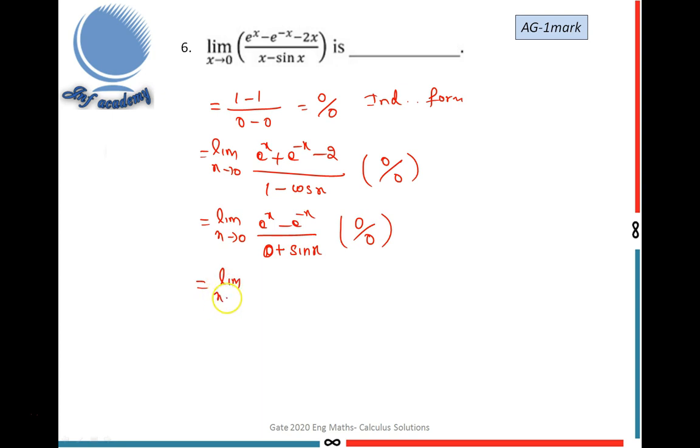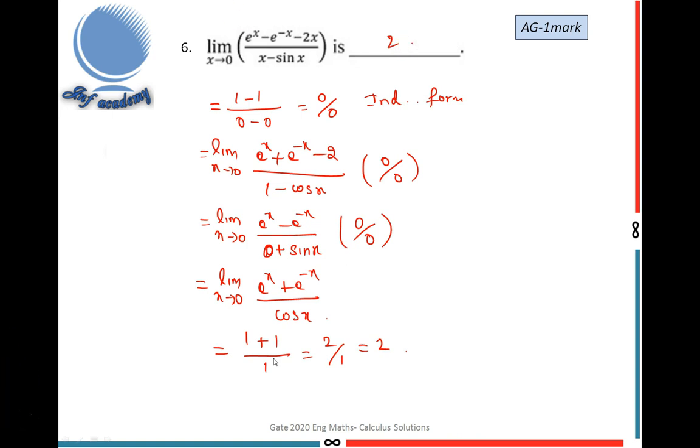Again I use L'Hospital rule: e power x plus e power minus x divided by the derivative of sin x, which is cos x. In this case we get e power 0, 1, plus e power 0, also 1, divided by cos 0, 1. So 2 by 1, the final answer is 2.